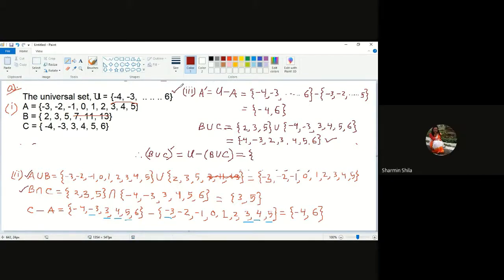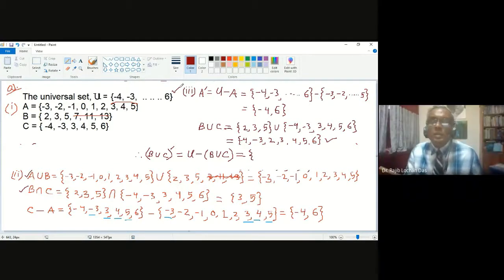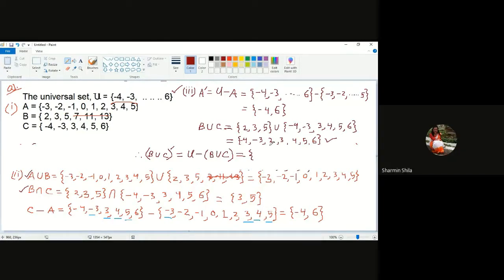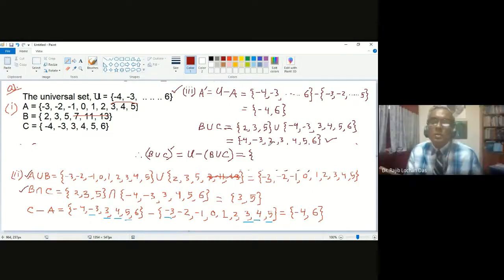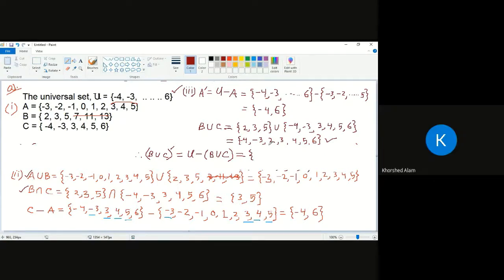So all things are common? How can all things be common? Where is -1? Where is 1? Where is 0? So the result will be -2, -1, 0, and 1.